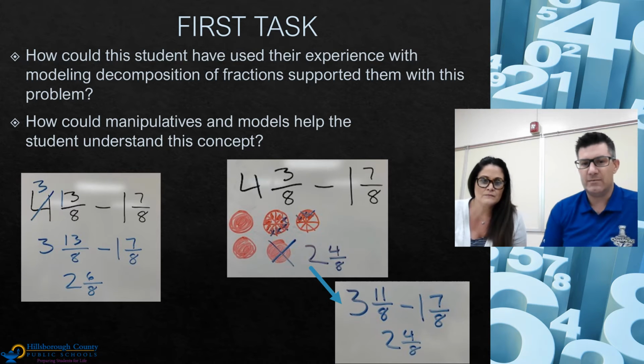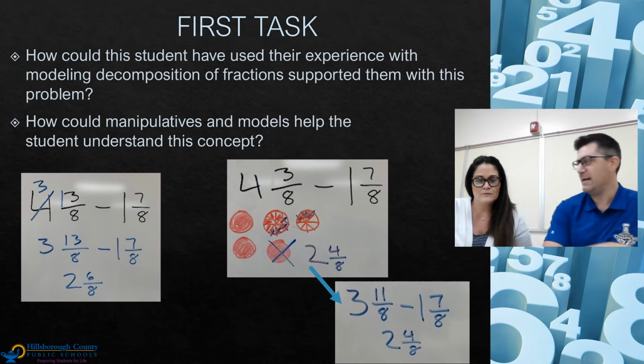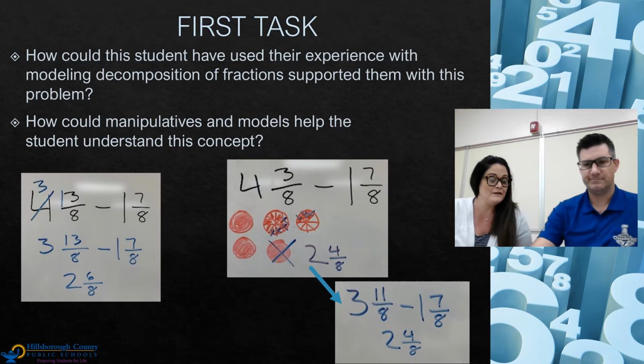Instead, if we had them drawing models using manipulatives, they would know that this time, because I'm using eighths, when I break the whole up, it's going to be broken into 8 eighths. So I'm only going to be using 11 eighths and taking 7 of those eighths away. Hopefully you can make that connection back to decomposition and see how important the models are. Definitely will help them to see things more visually.